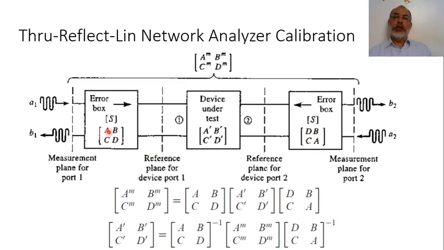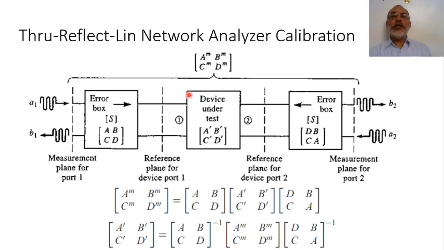So actually, the reflected field and the transmitted field, which is calculated internally by the network analyzer, include the error box of the input port and the error box of the output port, in addition to the S parameters of the device under test.